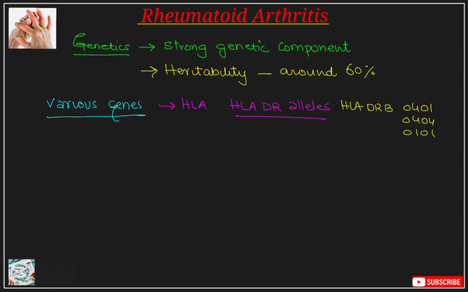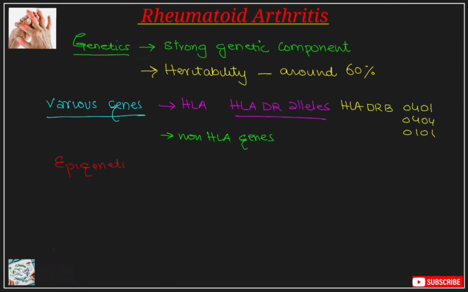These alleles are associated with the shared epitope hypothesis, which suggests that certain amino acid sequences in these genes contribute to autoimmunity and disease severity. Beyond the HLA genes, several non-HLA genes have also been implicated in RA development, influencing immune regulation and inflammation.